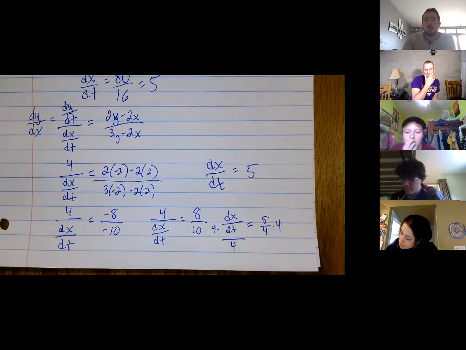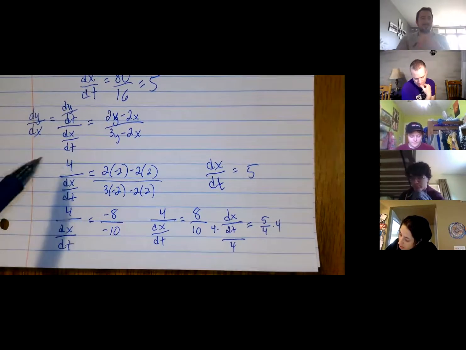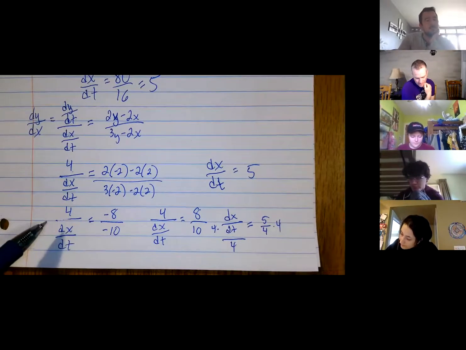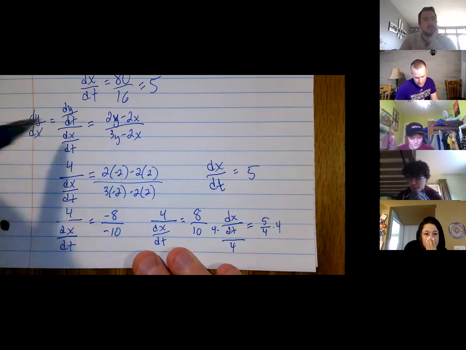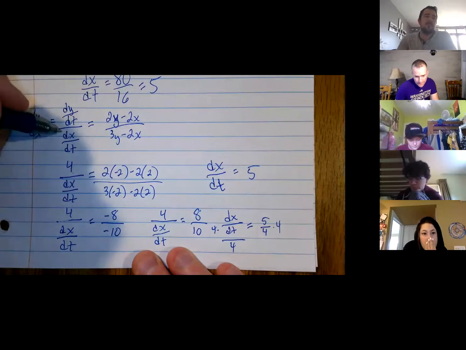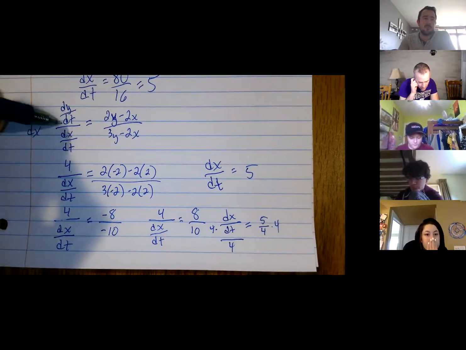Well, okay, so the way that the rubric writes it is basically this in just a different order. So if you have dy dx equals this, right, you could rewrite and say then that dy dt divided by dx dt.